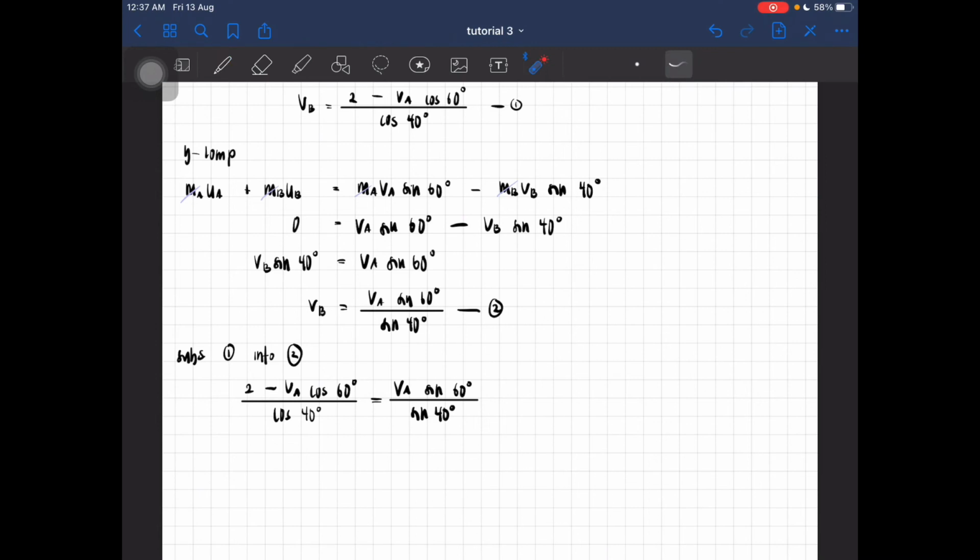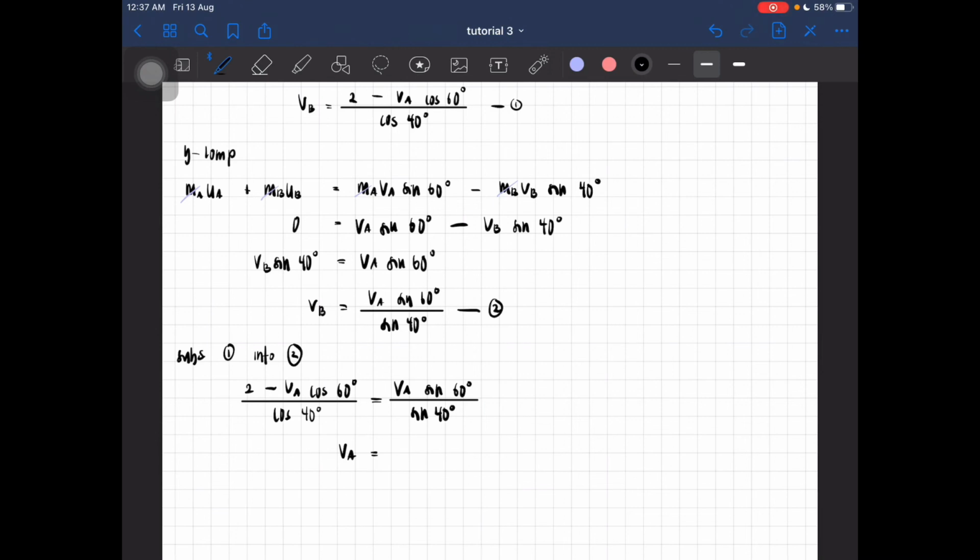Now, do we have a single unknown in this equation? Yes, we only have a single unknown, so we can calculate this. VA is what we are trying to calculate. Just rearrange it yourself, okay?